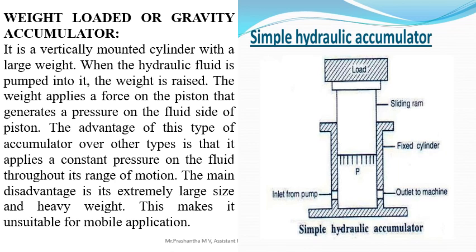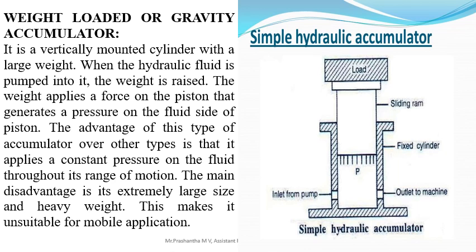At the beginning, the ram is at the lowermost position when the pump starts supplying high pressure liquid, which is not used by the hydraulic system. Then the high pressure liquid lifts the ram and is stored in the cylinder. When the ram is at the uppermost position, the cylinder is full of high pressure liquid, and the accumulator stores the maximum pressure energy.